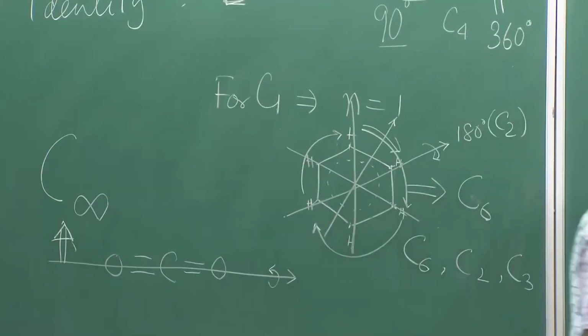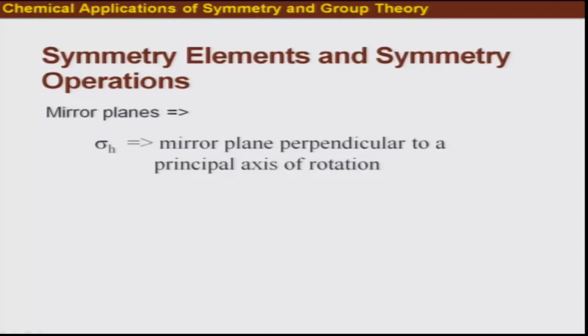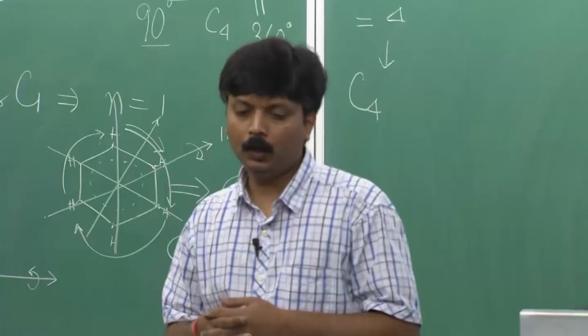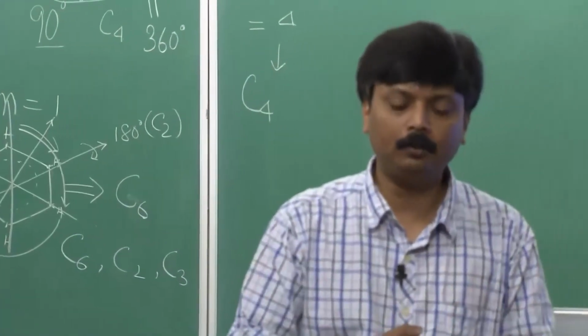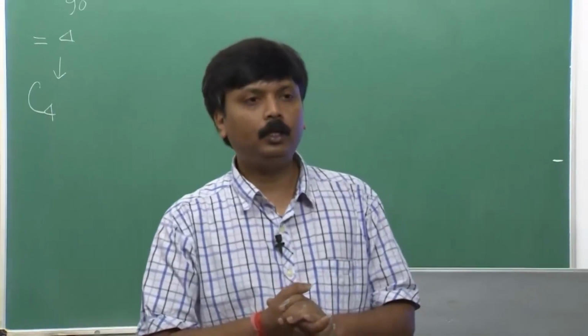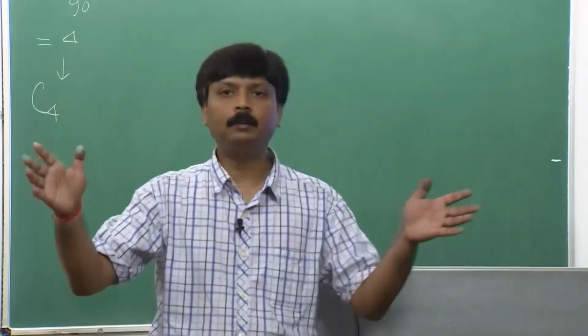Okay. Now let's move on to the next symmetry element, which is known as a plane of symmetry. So what is this plane of symmetry operation? Imagine any object or any space.